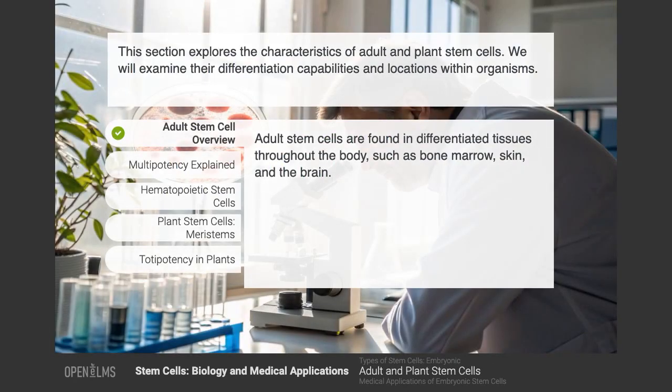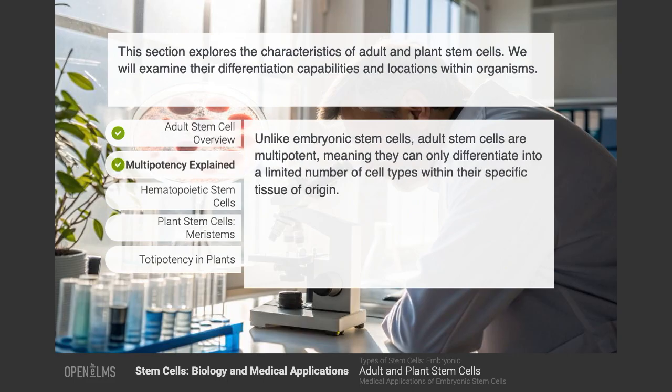This section explores the characteristics of adult and plant stem cells. We will examine their differentiation capabilities and locations within organisms. Adult stem cells are found in differentiated tissues throughout the body, such as bone marrow, skin, and the brain.